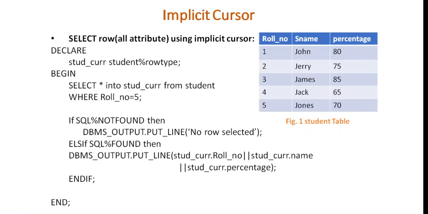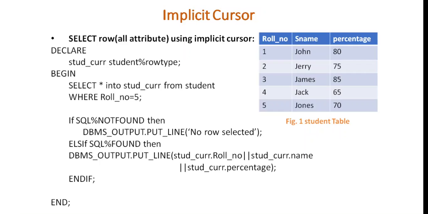So this is how we can display an entire row, all attributes, by using a record.